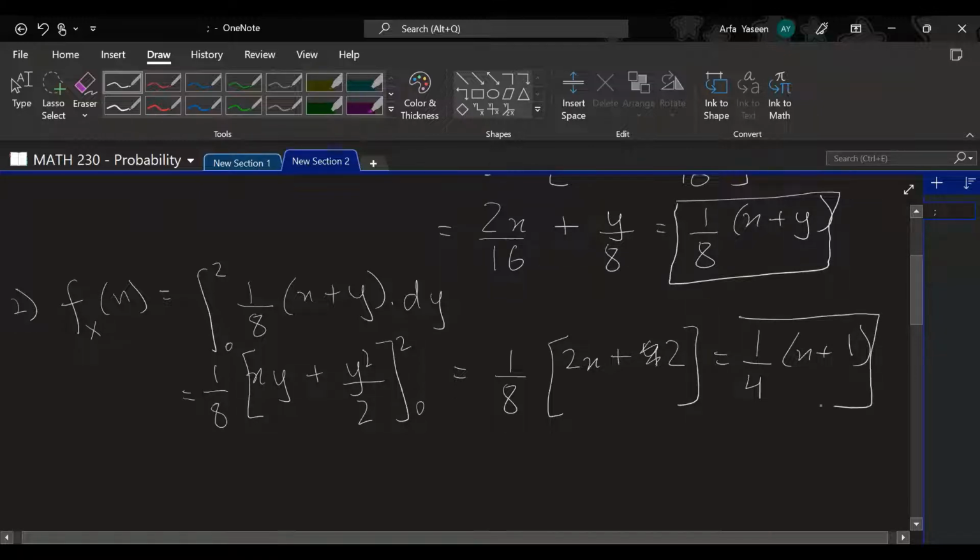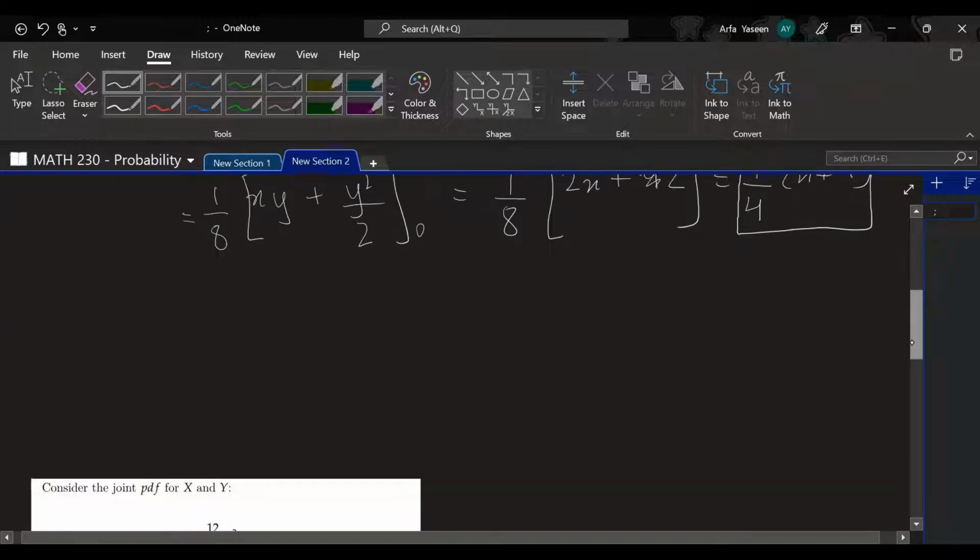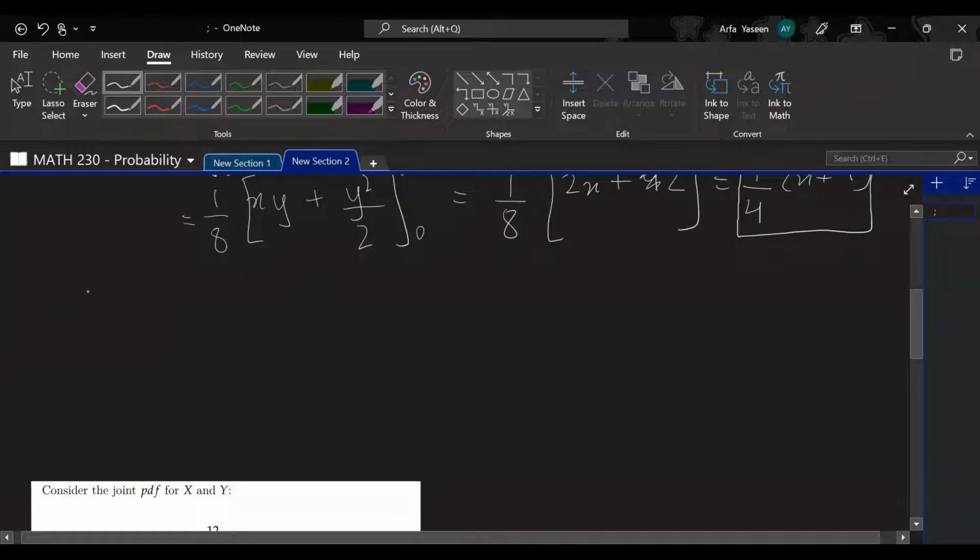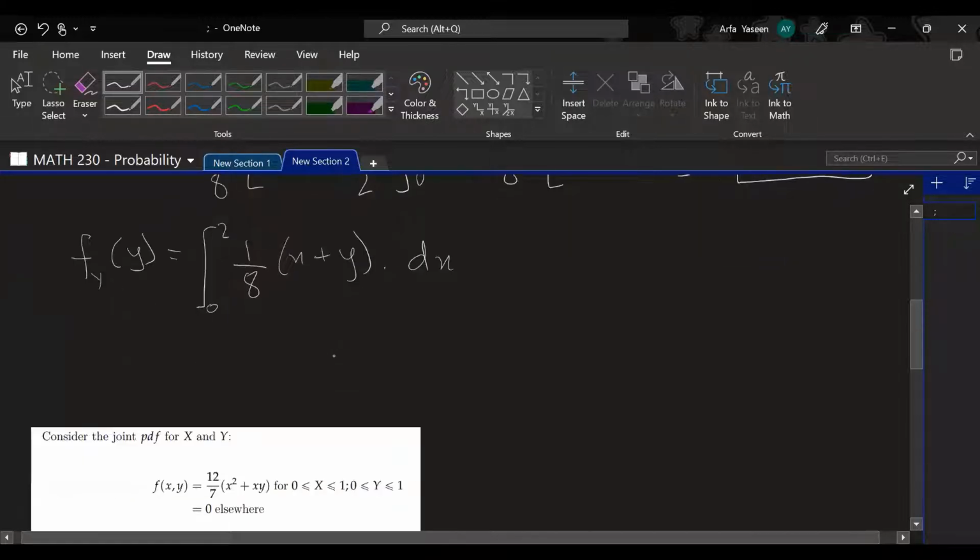This is the marginal PDF of x. Similarly, you integrate the joint PDF over all the values of x to find the marginal PDF of y. You can compute this on your own similarly, and move on to the next question.